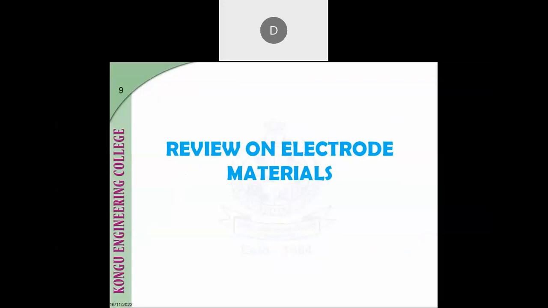Since we are concentrating on the electrodes, let us discuss some electrode materials which were studied by previous people. They have used not only metal electrodes, they have made attempts with various kinds of electrodes.